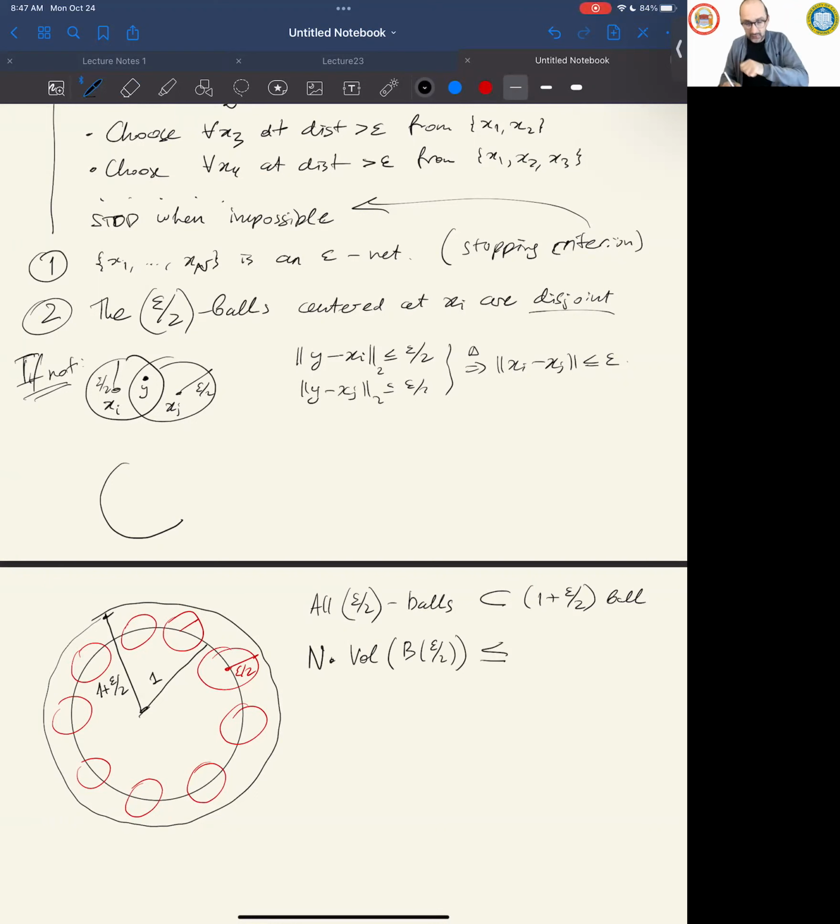And it is less than, because it's a packing, the volume of the 1 plus epsilon over 2 ball. This is because of the packing. I just took the sum of these red balls and said it's less than the entire ball. Good. So n, the number of points in the epsilon net, is less than the ratio of these two volumes. I'm just solving this inequality for n.